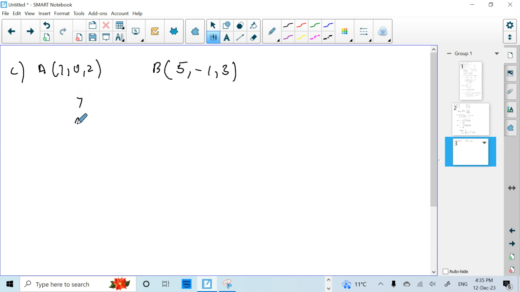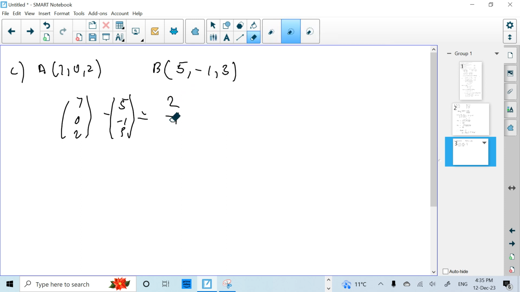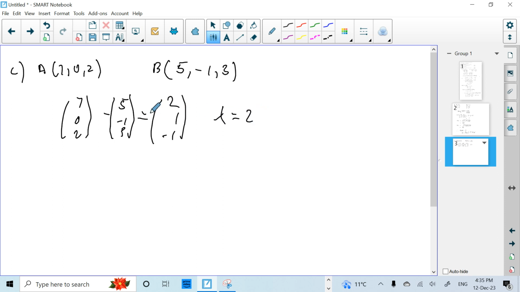So I've got 7, 0, 2 again, minus 5, minus 1 and 3, and of course when I do that, that gives me 2, 1 and minus 1. And that's when, of course, lambda is equal to 2. So I think for 1 mark, that's enough.